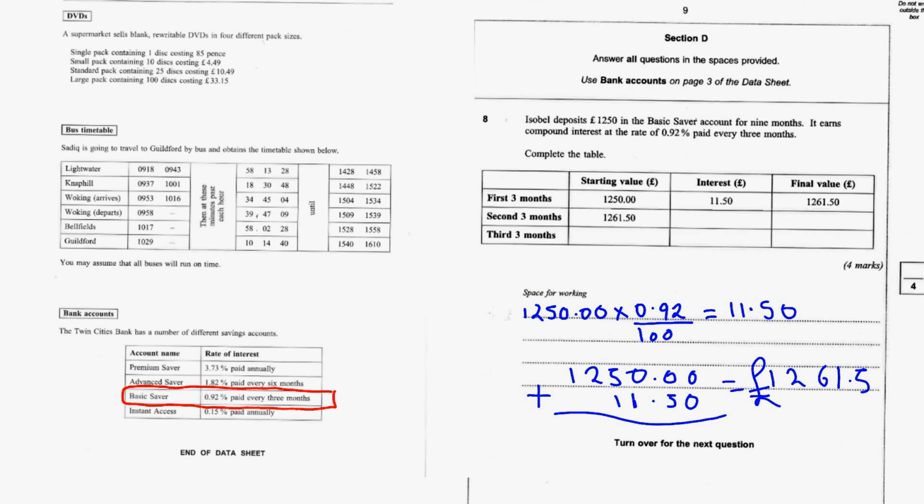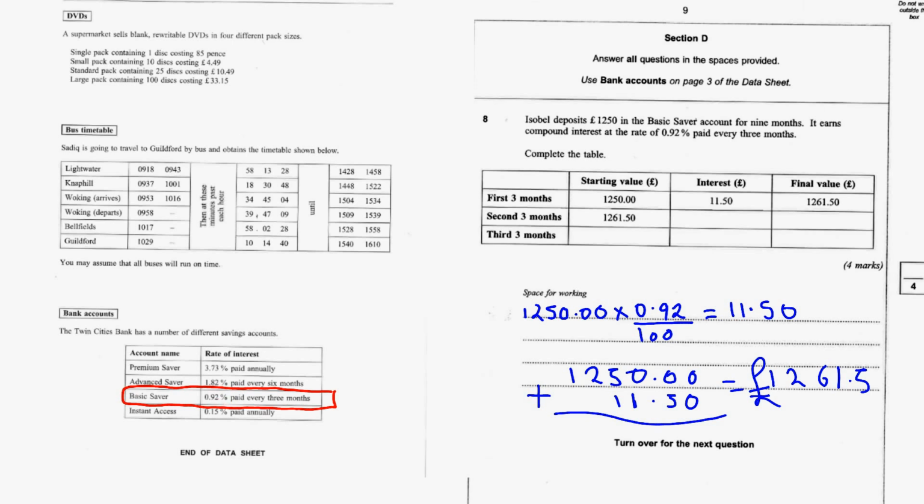Okay, let's have a look at this now. We use this table here, and it says the compound interest rate. The one we're looking at is the basic saver. So this is the one we want to look at, and it's 0.92% paid every 3 months. Now remember, percent means out of 100.